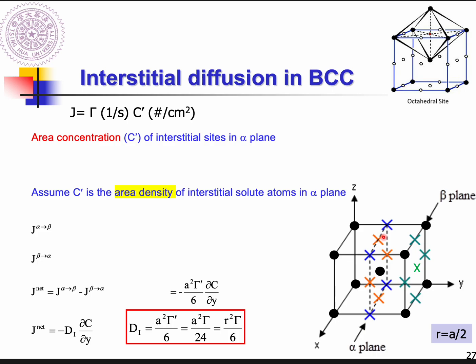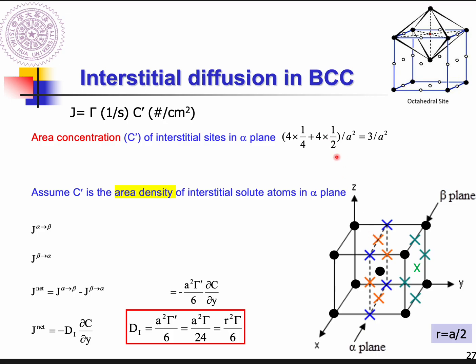And as you know, it's an interstitial site, right? Area density of interstitial site. For the blue one at the corner, if you consider the area density, it's a quarter. So you got 1, 2, 3, 4, 4 times a quarter. And plus what? You also have orange. Orange is at the center of the face of the plane, so it's a half, right?